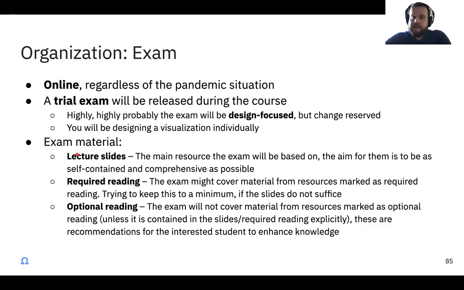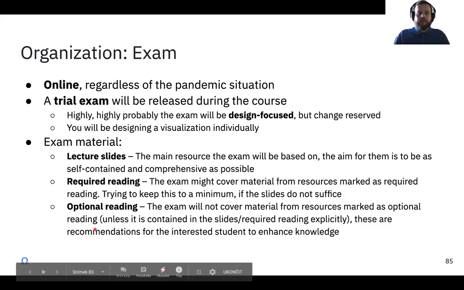I am trying to make them as self-contained as possible. That's by far the main resource. Then there might be some required reading, so some extra resources that will also be part of the material. I'm going to try to keep them down to a minimum, or ideally zero. But if this comes, they will be clearly marked as required reading, so that you know that you're supposed to study those as well.